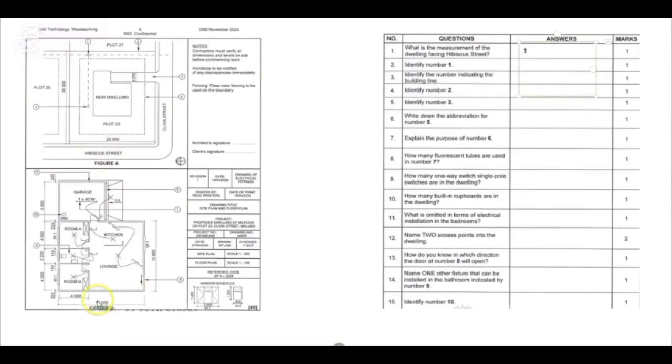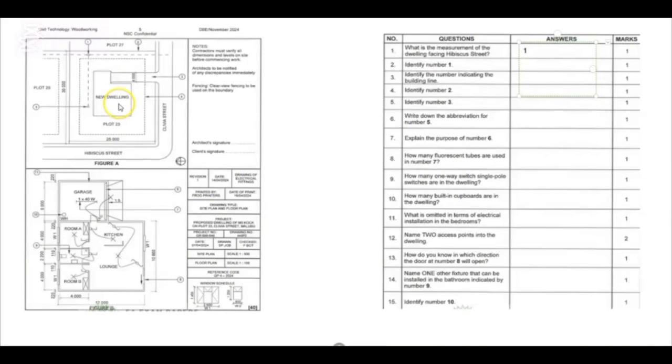Before we even start answering the questions, let's first take a look at the figures that were given in this question. You'll see that the exam gives us two figures, figure A and figure B. Figure A, that's your site plan, and figure B, that's your floor plan.